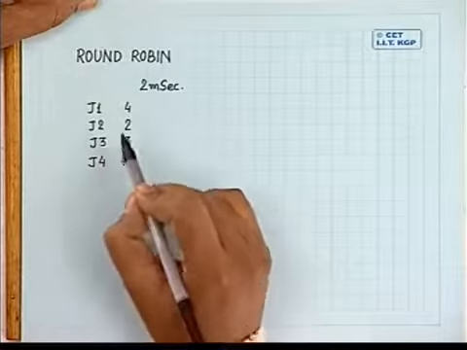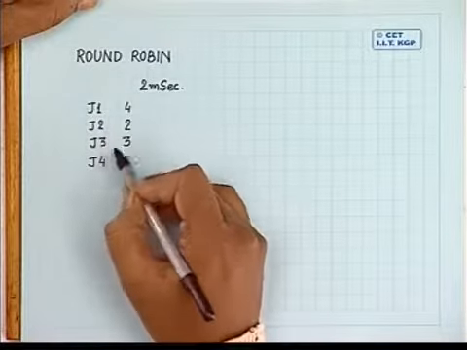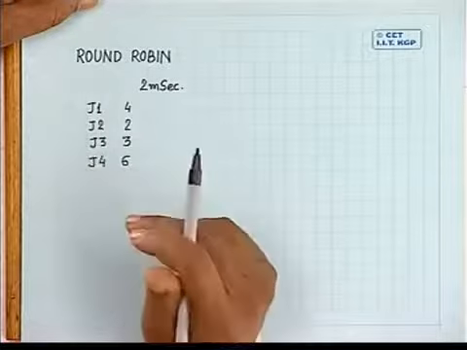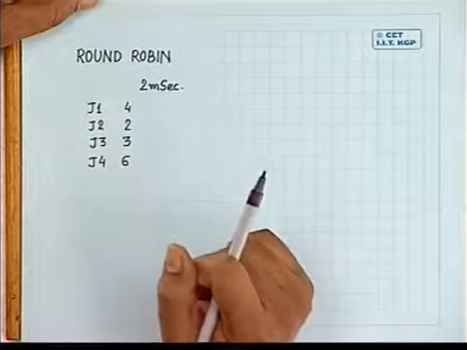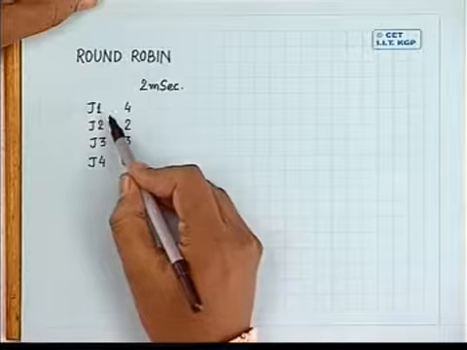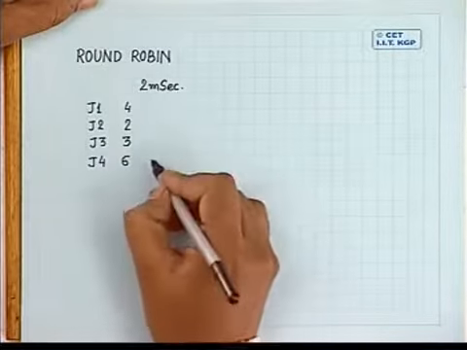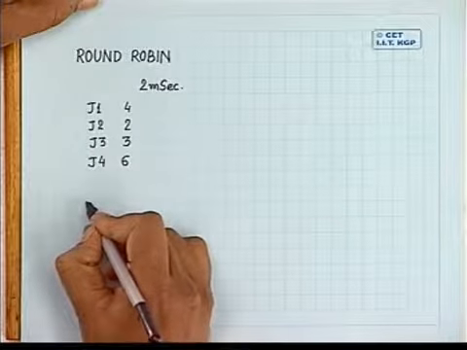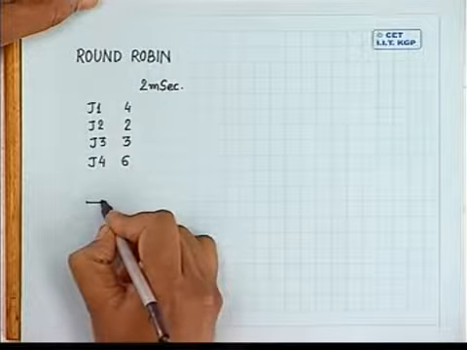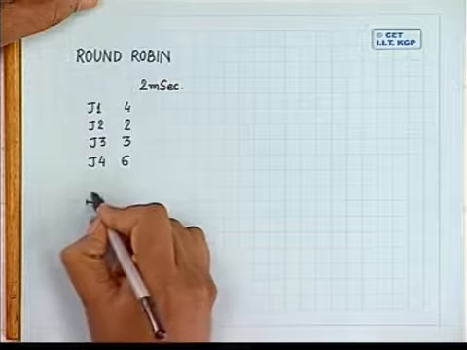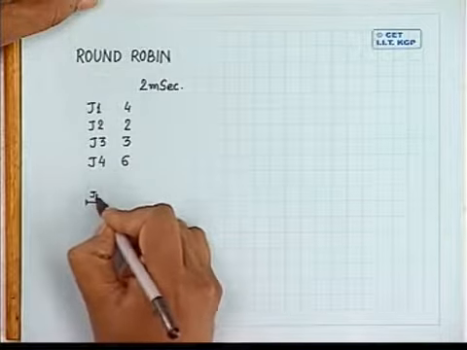Now from these jobs, the jobs will be taken up first on a first come first serve basis. So job J1, which is at the head of the queue, will be taken up for execution, and it will be executed for a period of 2 milliseconds. So this is the period during which job J1 will be executed.